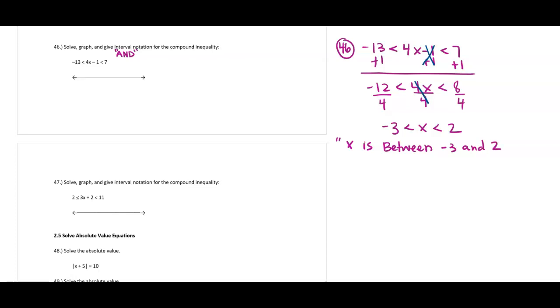So if I was graphing this, here's my negative 3, here's my 2, x is all this stuff between -3 and 2. And notice that both of these are open circles because it doesn't have the equal to part. So I'll put an open circle here, an open circle here, and then I just want the stuff in between there. And so then interval notation on that would be parenthesis, negative 3, comma 2, parenthesis.